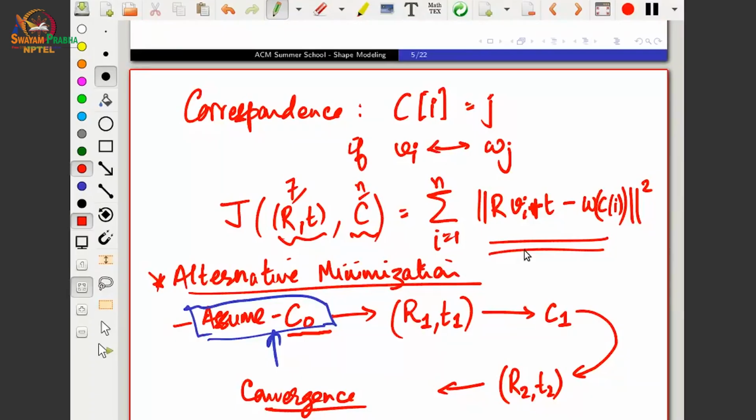So after finding R star and T star, you apply it, right? So as to align your source mesh and the target mesh re-indexed with the appropriate correspondence. Yes, sir.